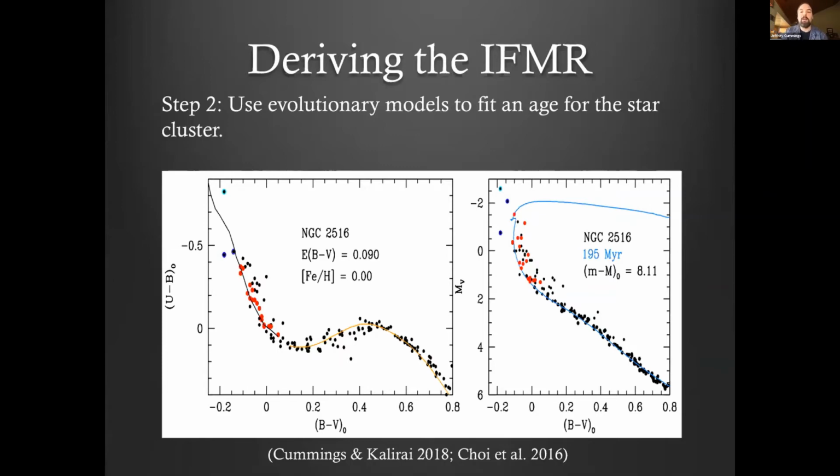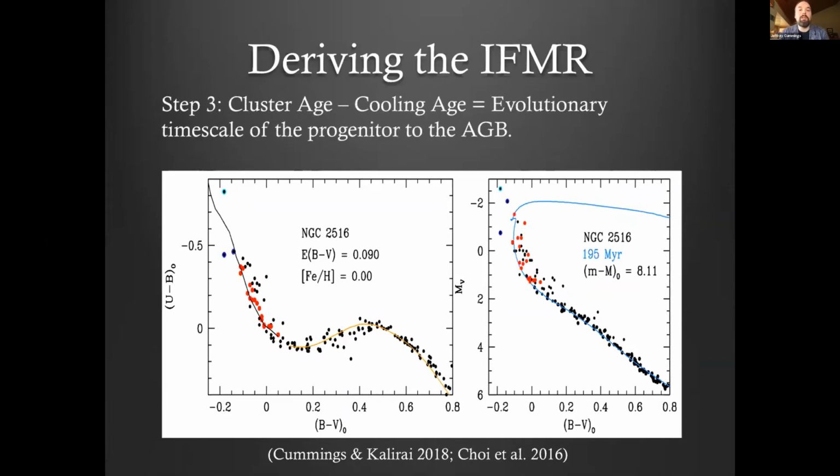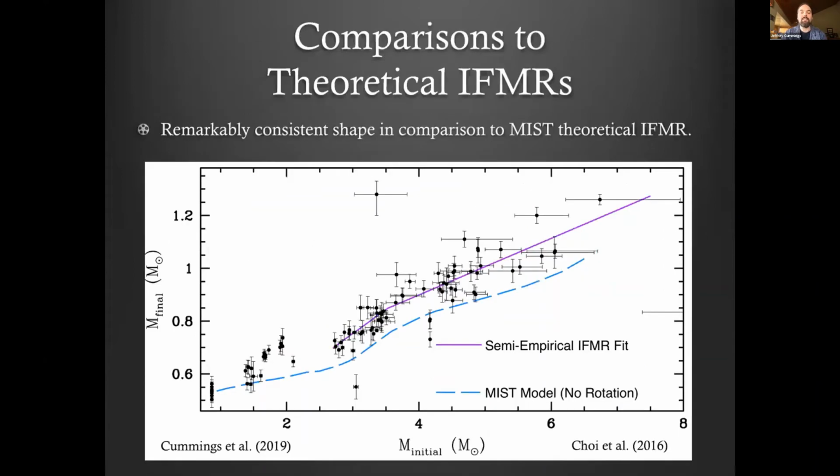Measuring their parameters, most critically their total age, allows us to do the final step of simply taking cluster age minus cooling age of this white dwarf, resulting in the evolutionary timescale of the white dwarf's progenitor to the AGB, and hence their initial mass. This produces the relation that we see here, which shows a lot of interesting trends, some changes in slope, and also some interesting regions with broad intrinsic scatter.